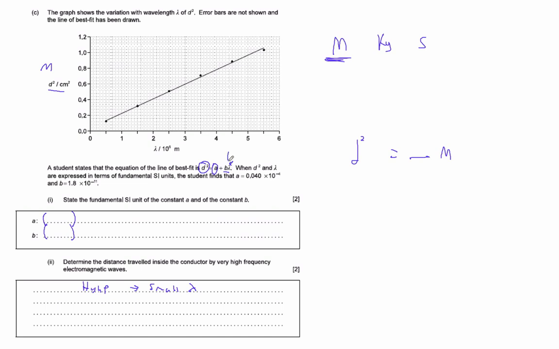Okay, so if d squared is equal to a plus b times, God, I can't even draw lambda. I drew a y instead. B times lambda, right? Okay, as lambda gets really, really small, this term goes away, and so d squared equals a, right? So this is a there, right?